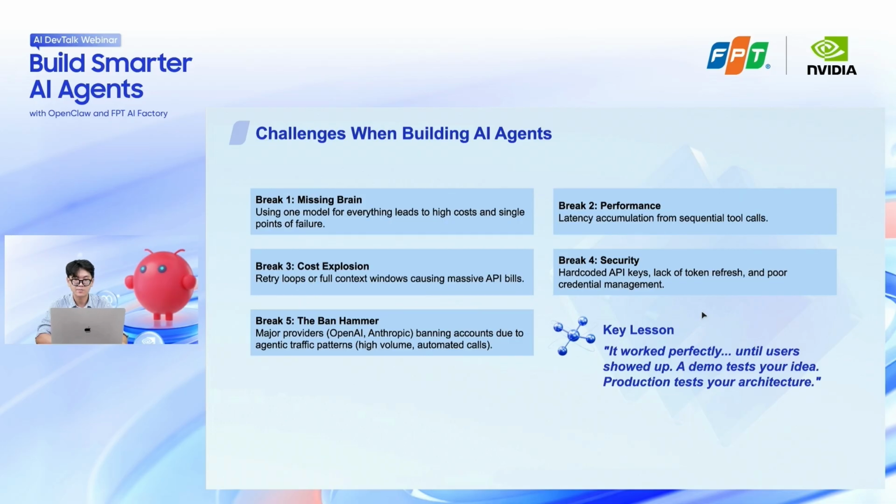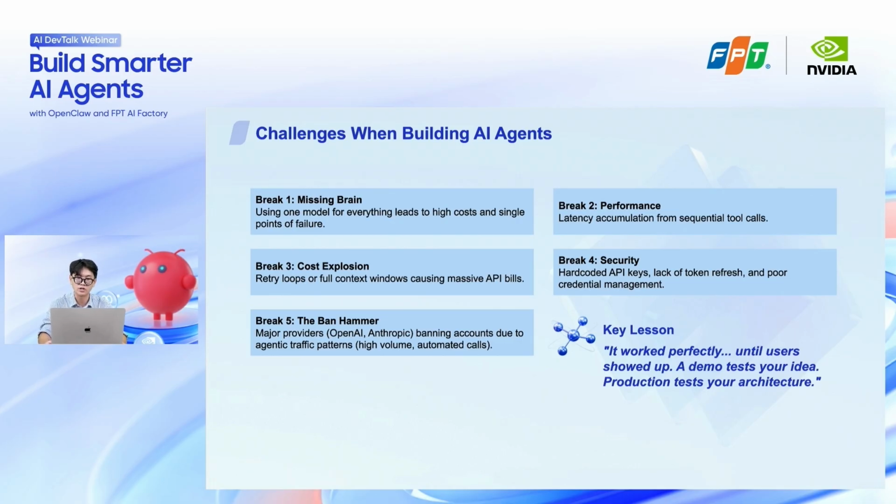There's break 5, and this is the one that nobody wants to talk about, the ban hammer. You build your agent, you connect it to the major providers. Your agent is doing what agents do, calling tools, running chains, dozens or hundreds of API requests per user session.